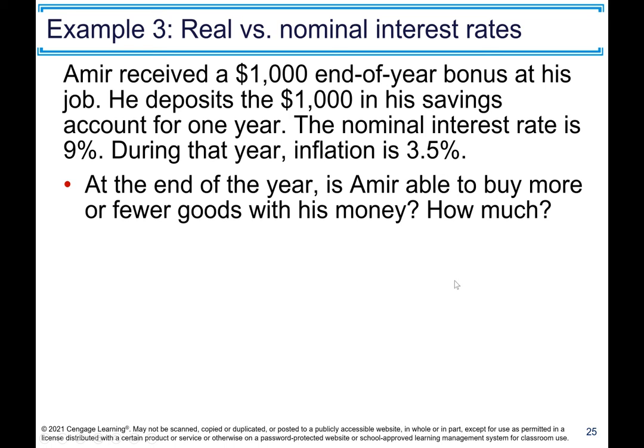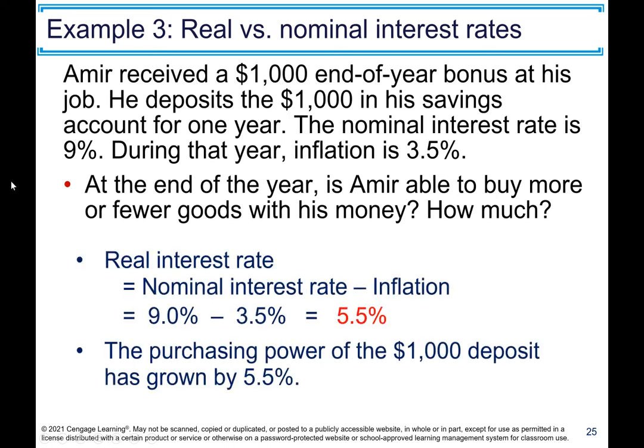How much? Well, real interest rate is nominal interest rate minus inflation rate. So nominal interest rate is 9%, inflation rate is 3.5%. So the real interest rate is 5.5%. In other words, the purchasing power of the $1,000 deposit has grown by 5.5%.